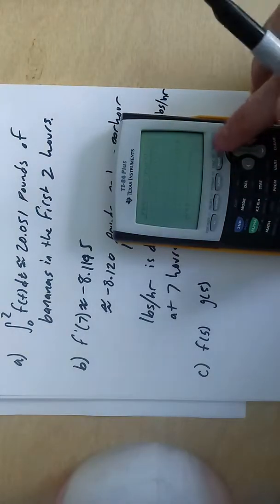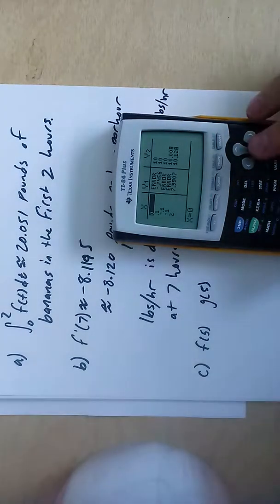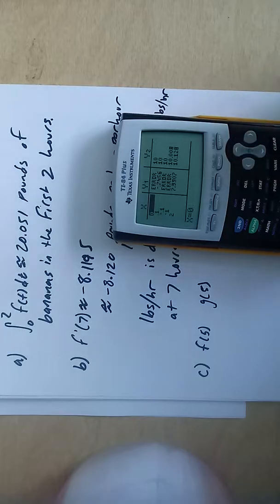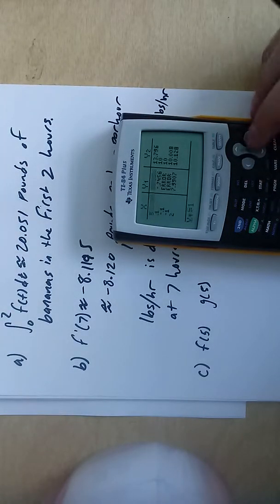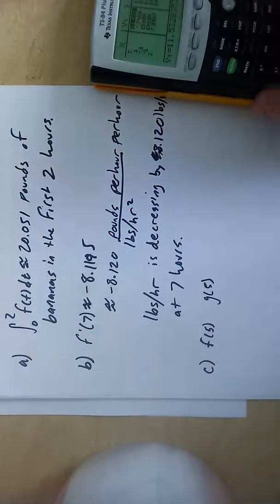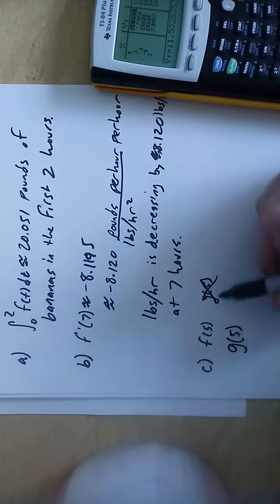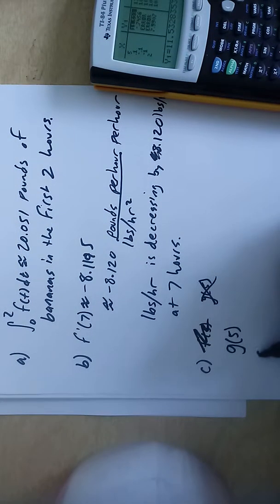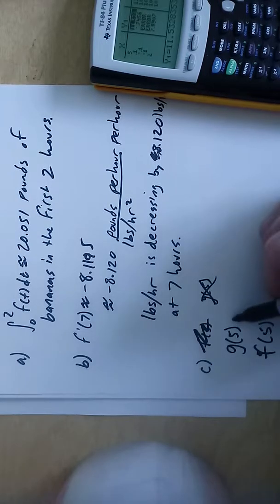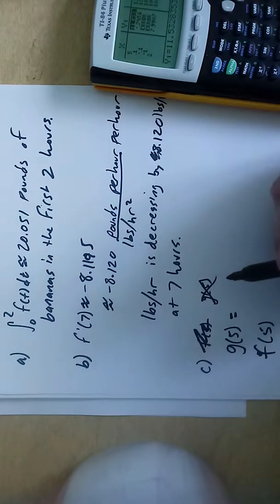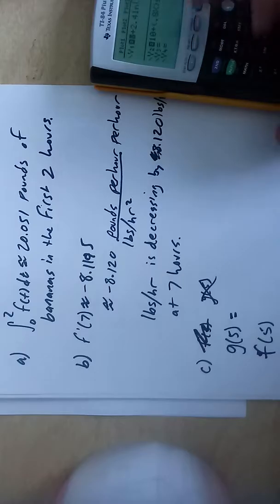I'm just going to go into my table and go to 5. I already have my table set up, so I can just enter a number in. So if I compare them, g of 5 is equal to, let me just double check.